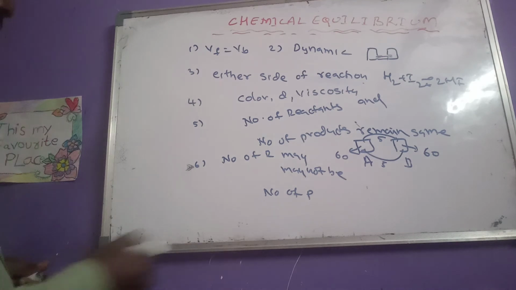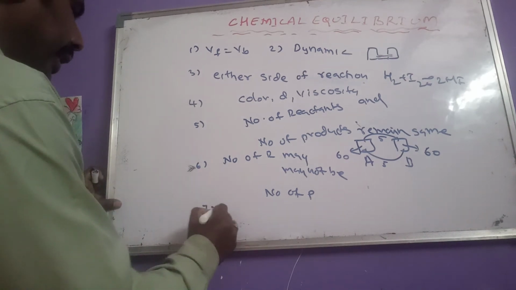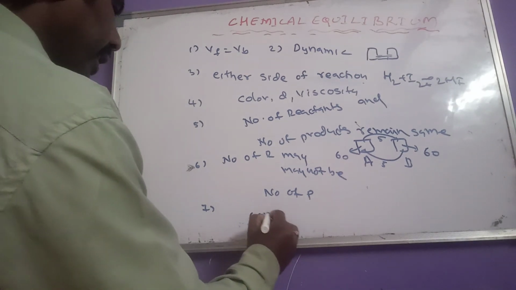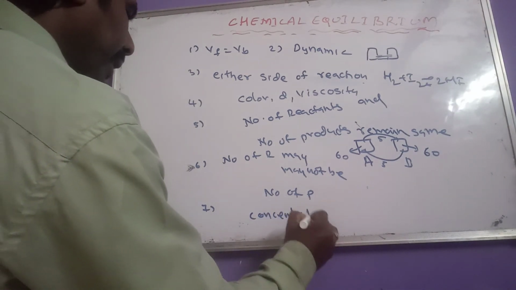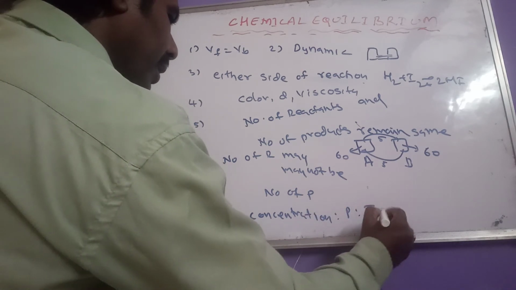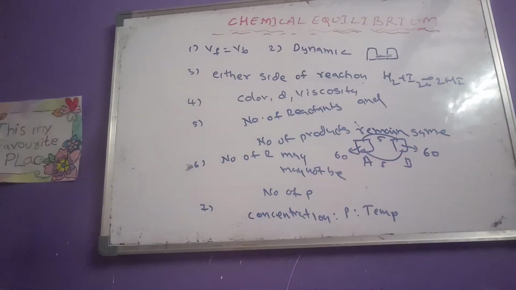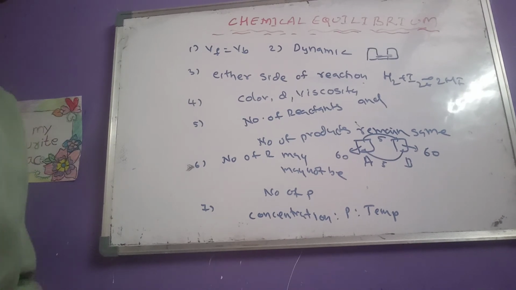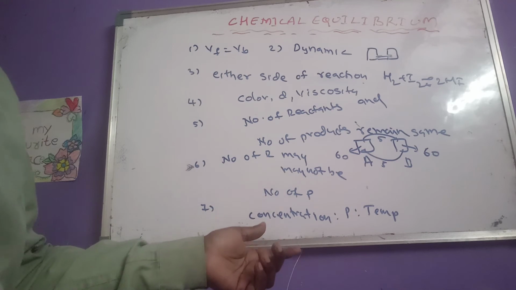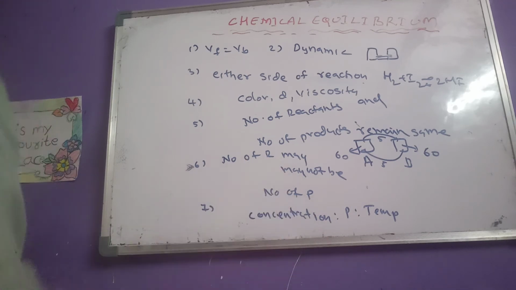So next, another one here. At equilibrium, if any reaction is present, concentration, pressure, and temperature will affect the position of equilibrium. These three factors will affect which one here? The position of equilibrium.